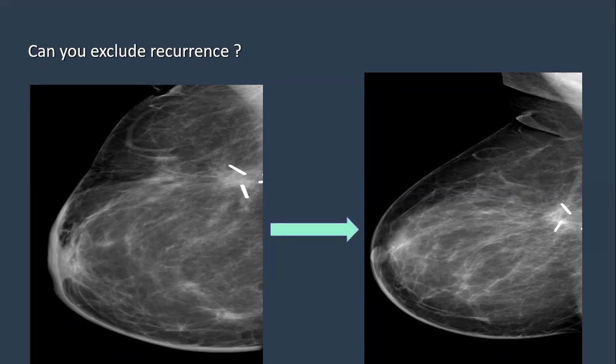Okay, so now there is a decrease, the density is decreasing.